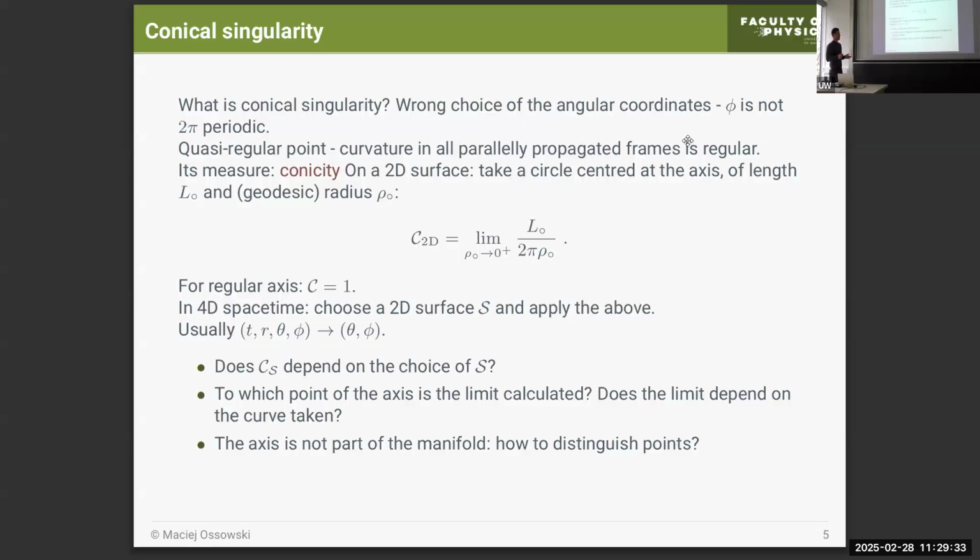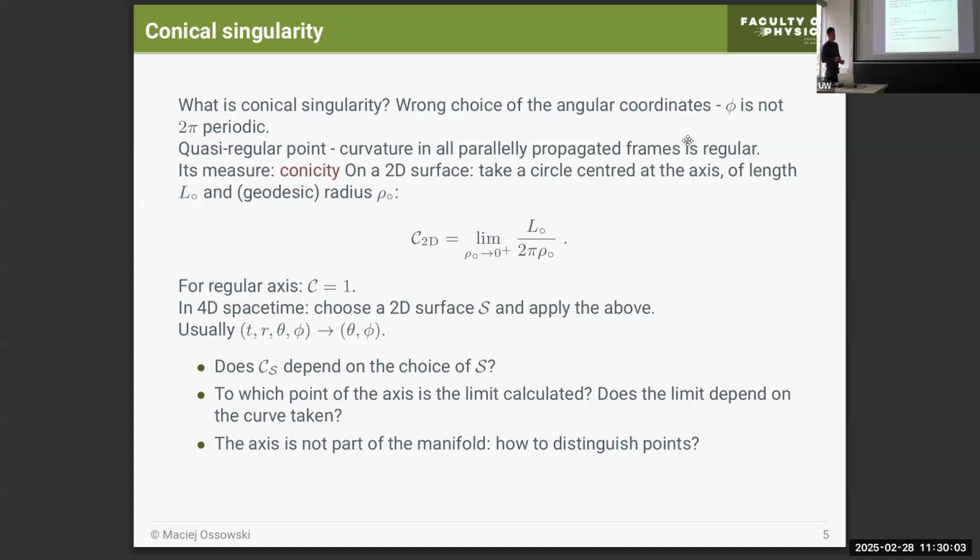However, there are some questions which naturally come to mind. Probably the main question is, if you calculate the conicity on some two-dimensional surface in the spacetime, does it depend on the choice of this surface? It would be curious if it didn't. There are some other questions, like to which exactly point of the axis are we calculating this limit?